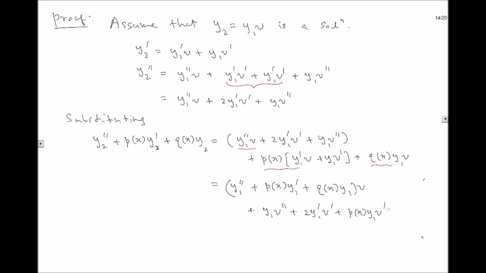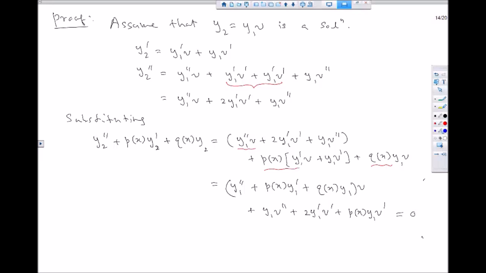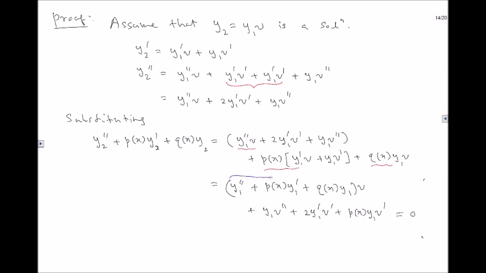We know this is the differential equation, and we assumed this is a solution, so this has to be equal to 0. But y1 is a solution, so the first term has to be 0. That term is gone, so you only get the bottom one.